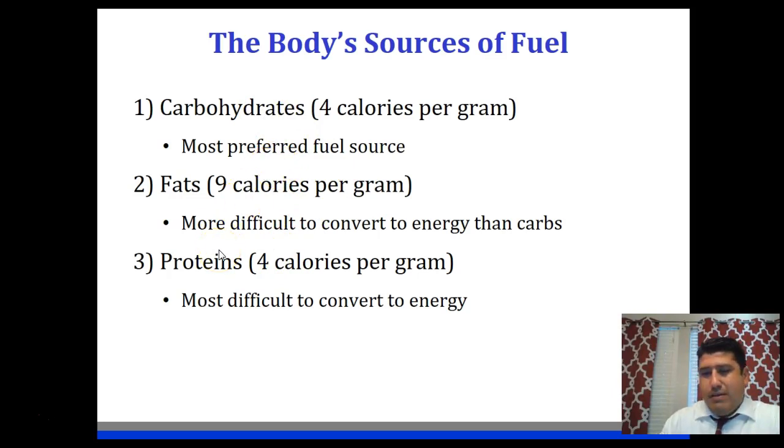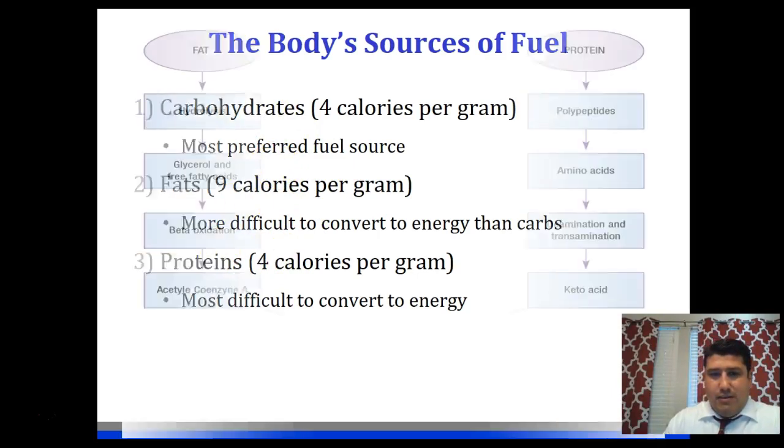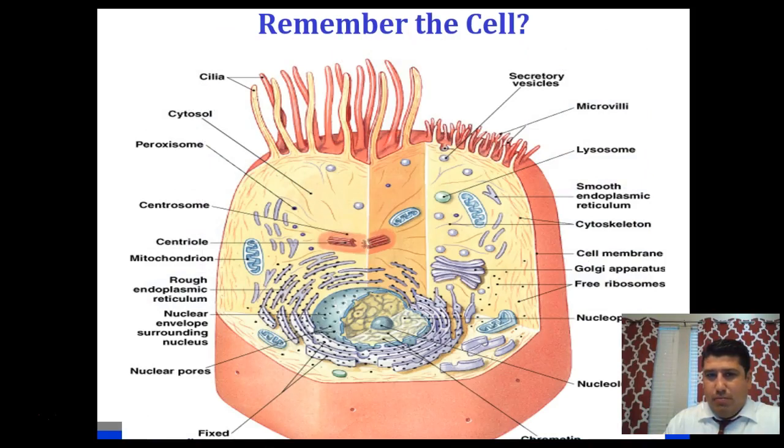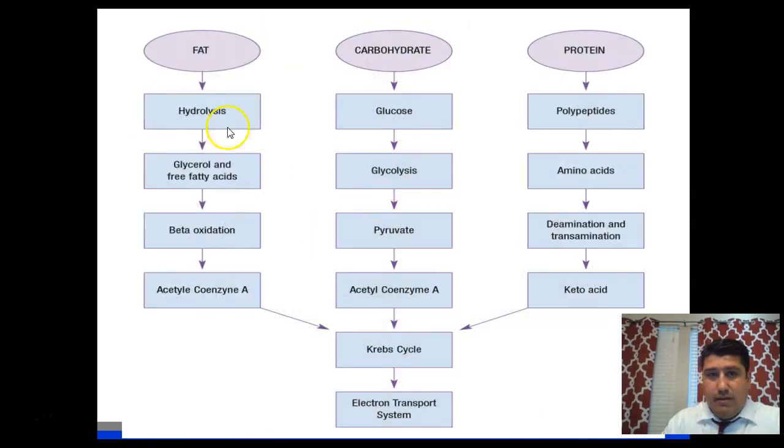The only reason this is important to consider is because it provides us with more opportunity to produce energy, and we produce that energy in the cell. You can see that all three nutrients, whenever they enter the cell, end up at the same location. This is called the electron transport system. If you don't know nutrition or it's been a while, don't worry about it.